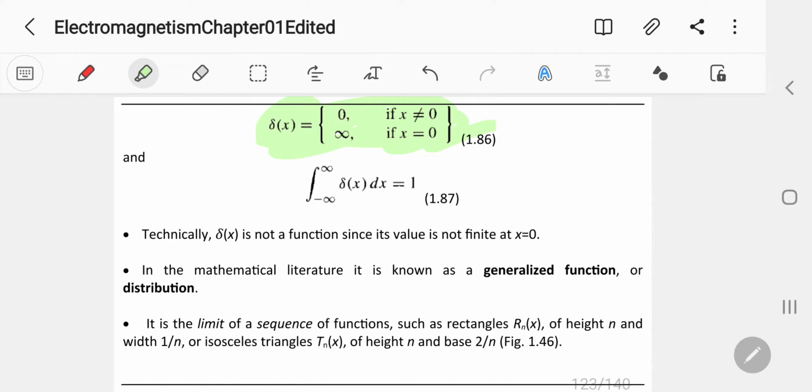This is the definition of the Dirac delta function, and of course you can find other definitions on the internet. There are a lot of definitions of Dirac delta functions, and some of these are in integral forms. But anyway, the integral of the Dirac delta function from negative infinity to positive infinity is equal to 1.